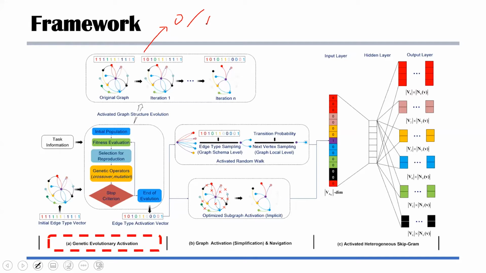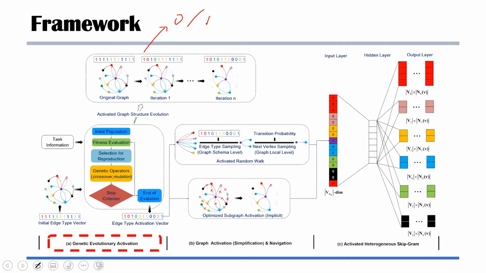So that's the reason we use, in the very first step, a genetic algorithm instead of another optimization algorithm like gradient descent for this genetic evolutionary activation. The good part is that for each edge type we only have 2 different states, either 0 or 1, select or not select.